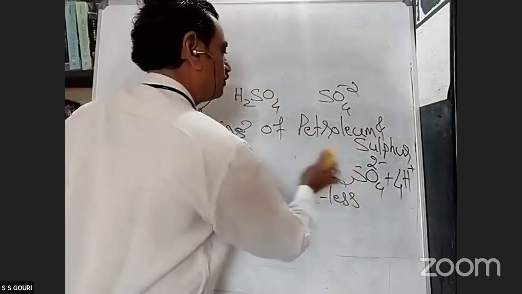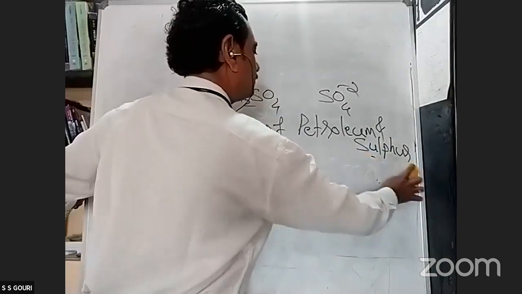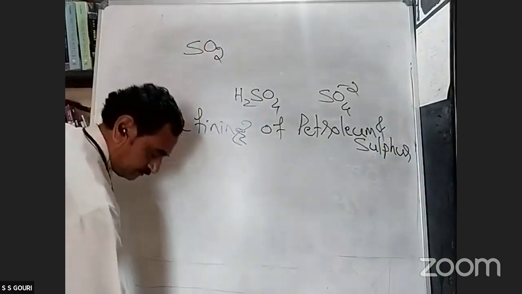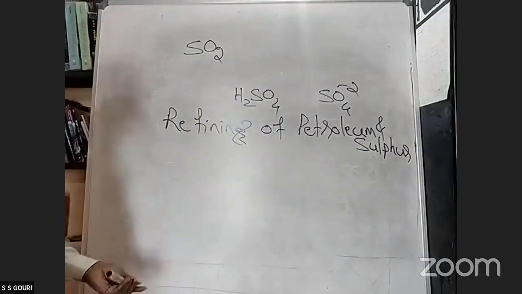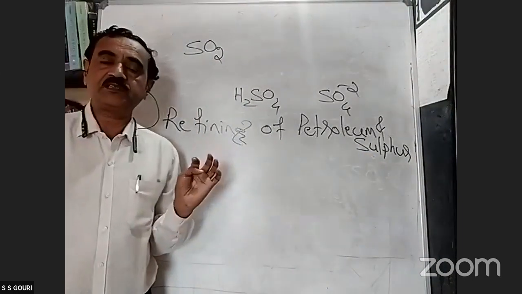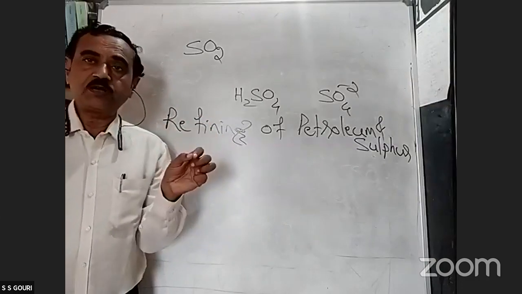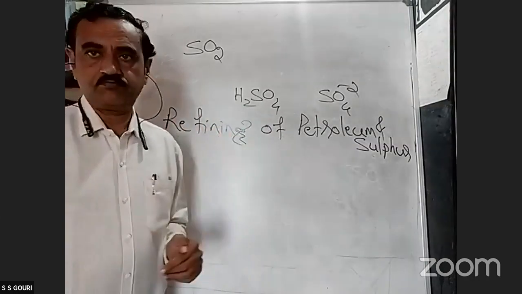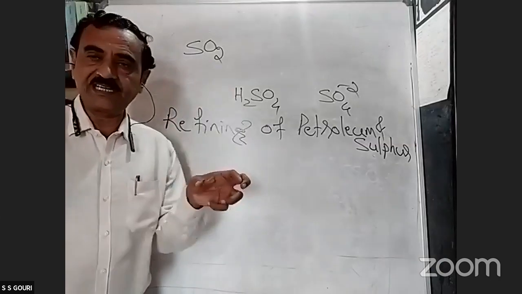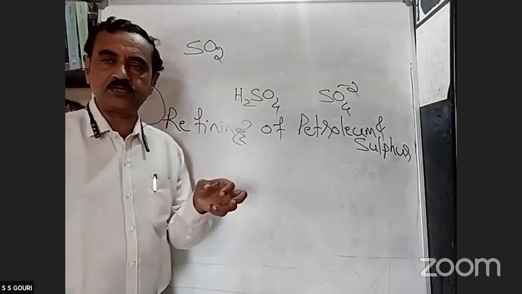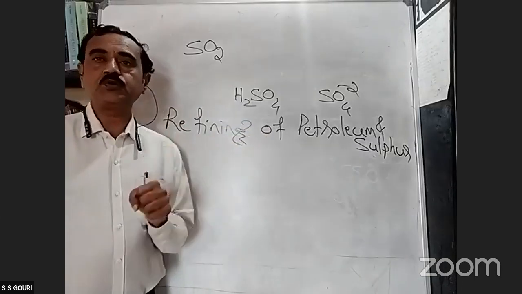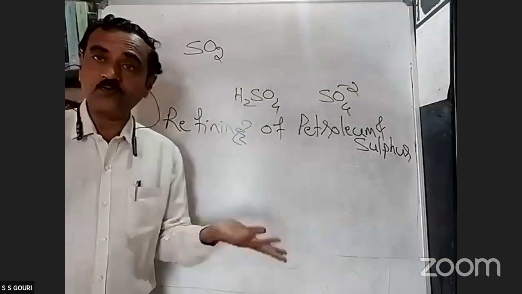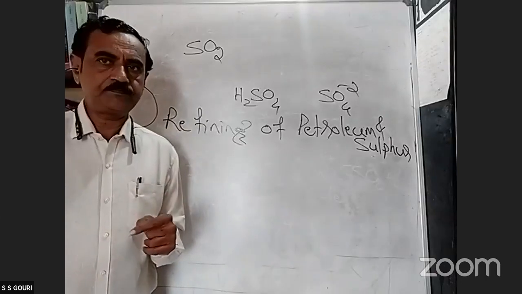Removal of the unwanted impurities along with the ore is called concentration of the ore or ore dressing. There are several methods of concentration. By hand picking we can do, by washing or levitation, by froth flotation, isn't it?